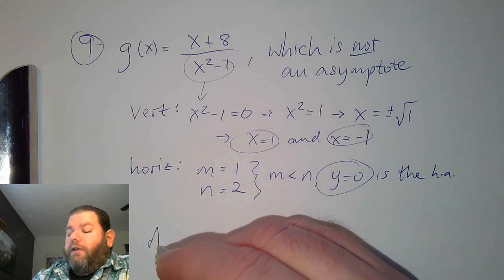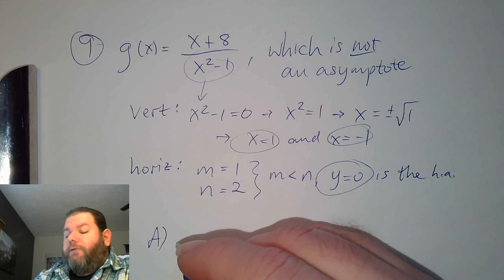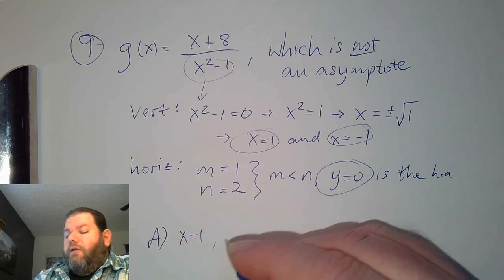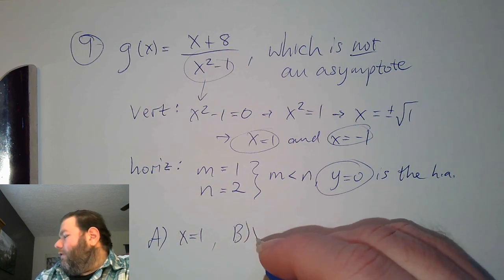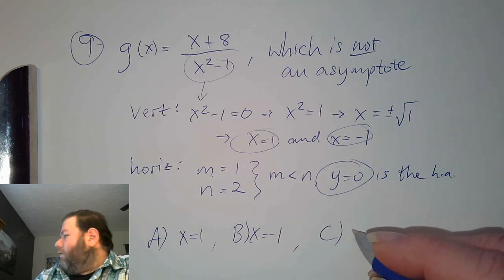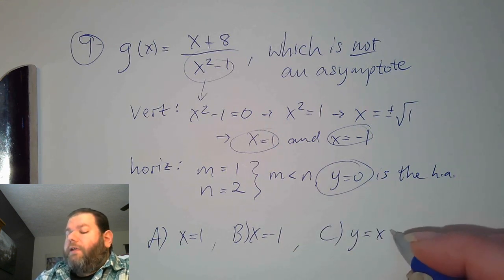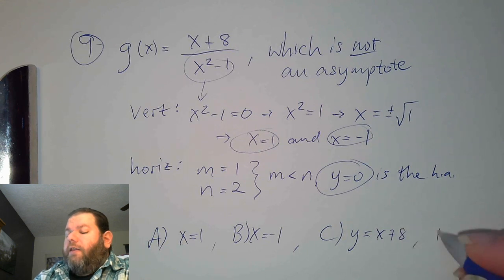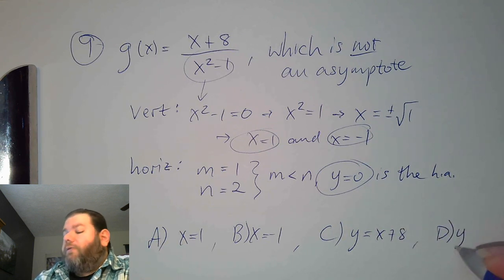So when we say, okay, A is x equals 1, B, x equals negative 1, C, y equals x plus 8, and then D, y equals 0.